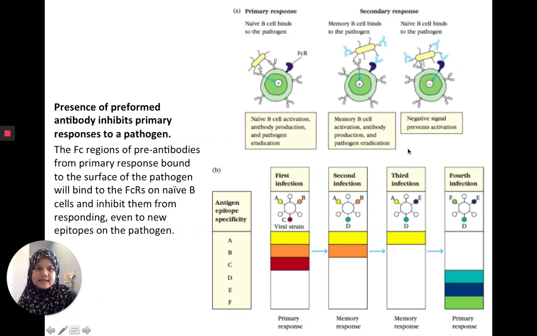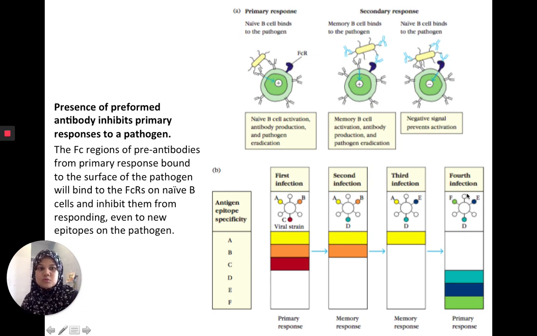The third time, let's say here, you'll still be able to use your memory response. You only focus on what you recognize, which is, for example, this particular A epitope. Ignore that the E and D is now there and you don't recognize it. But then by the time it comes back a fourth time, it's mutated so much, or it seems like it's mutated so much, that there are no more antigens that your memory cells recognize.